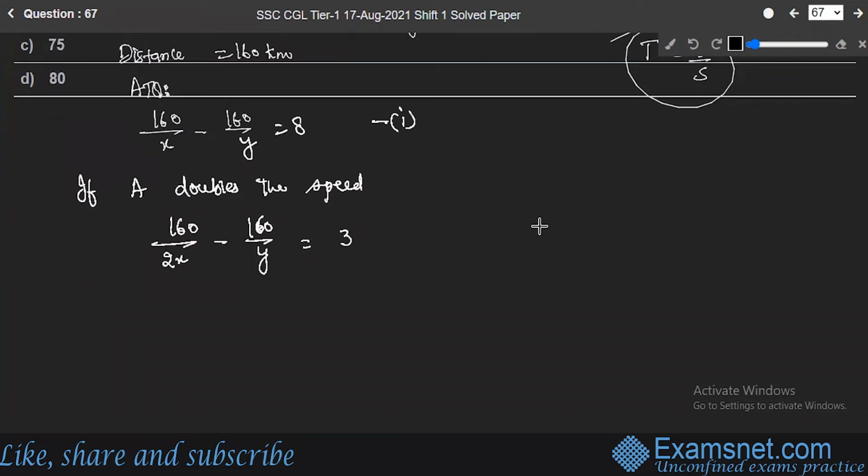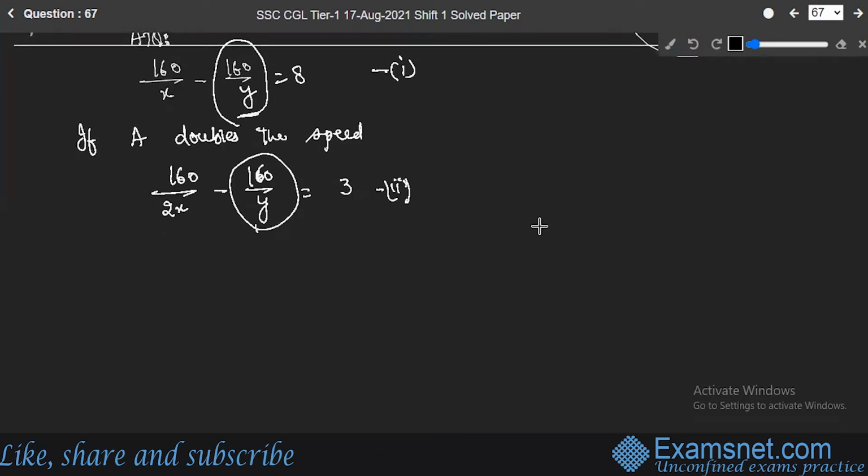Let this be equation 1. Let this be equation 2. We'll solve them simultaneously because this 160 upon y is common in both of them. We'll be using the elimination method, not the substitution, to eliminate one of these. So what we'll be doing is subtracting 2 from 1.